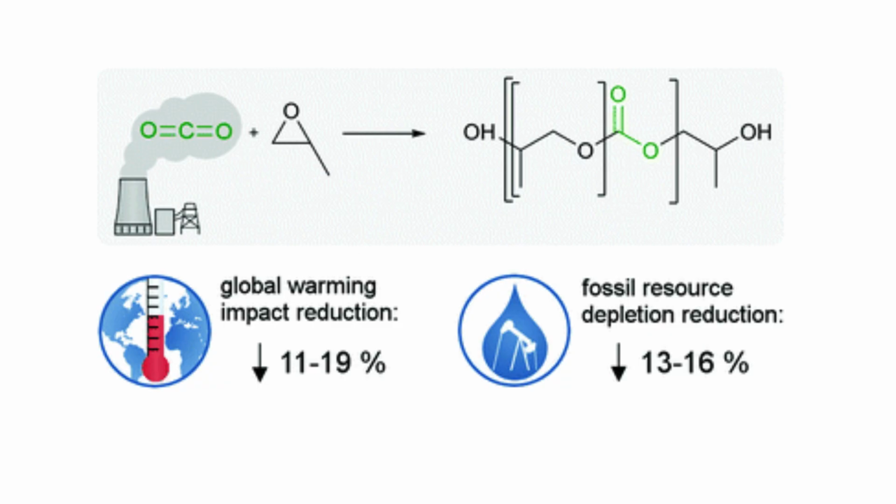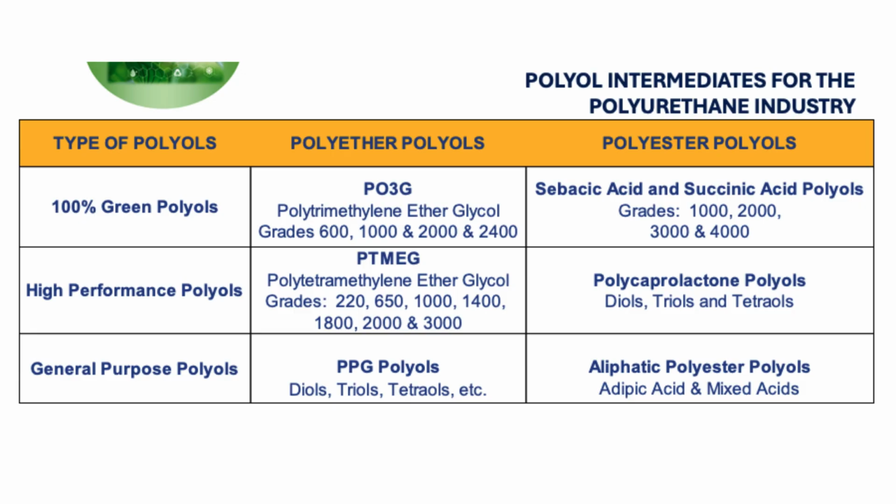Polyols, essential in polyurethane and polymer production, are divided into polyether and polyester categories, each with distinct properties and applications. Polyether polyols like PPG and PTMEG, including their copolymers, are valued for versatility and cost efficiency. Polyester polyols, encompassing aliphatic, aromatic, and mixed acid varieties, offer superior mechanical strength and solvent resistance.